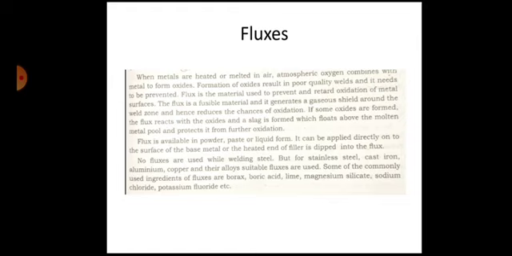Now, fluxes are not used while welding steel, but for stainless steel, cast iron, aluminum, copper and other alloys, suitable fluxes are used. Some of the commonly used ingredients of fluxes are borax, boric acid, lime, magnesium silicate, sodium chloride, potassium fluoride, etc. Okay.